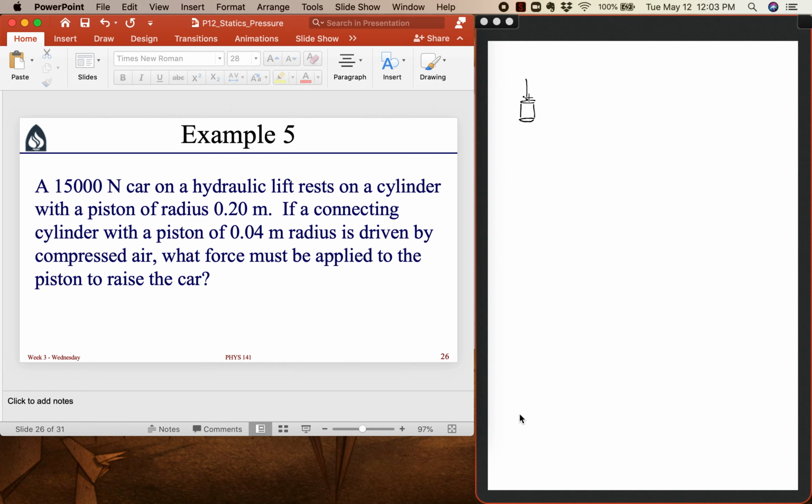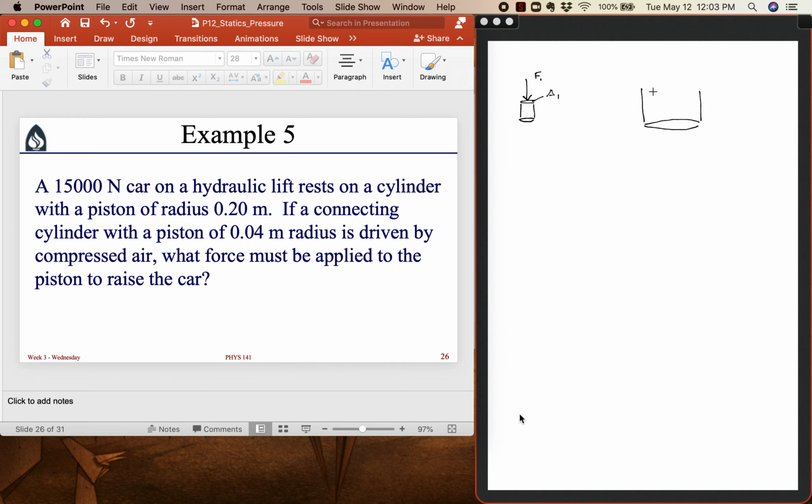So you have a downward force driven by the air compressor, and this downward force, I'll label it as F1, and then this is a small cylinder and it has a cross-sectional area which I'll call A1. Then there is a second cylinder which is much bigger, and this is the cylinder that the car rests on.